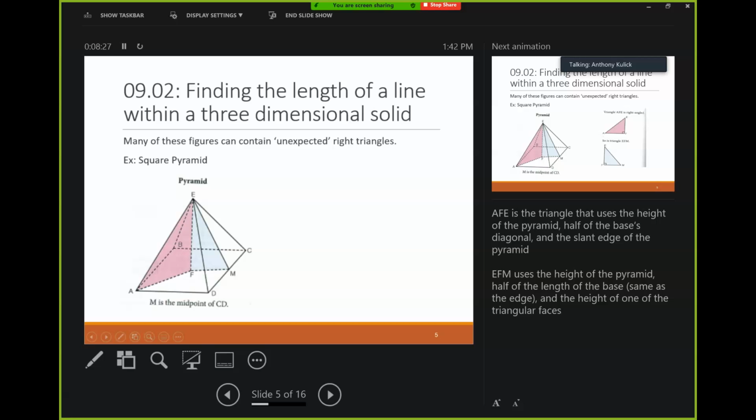And then there's this other calculation triangle, AFE, also a right triangle. The angle AFE is the right angle. And we know that the altitude of your pyramid should be intersecting the base of the pyramid at a right angle.